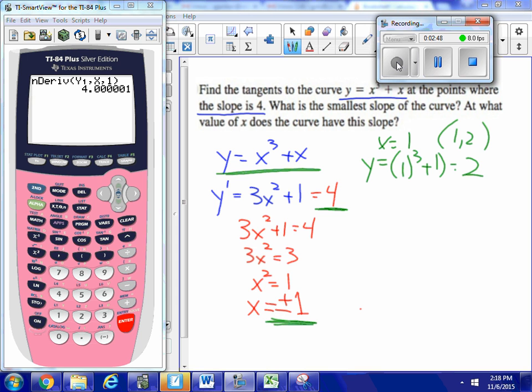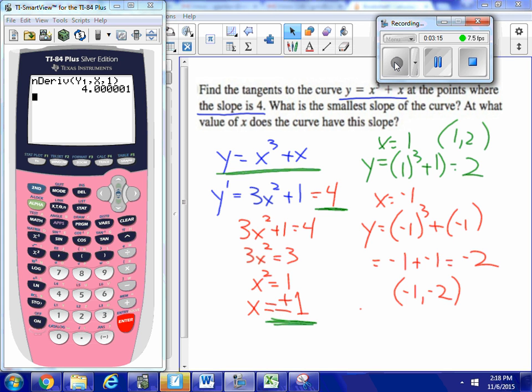And if I say x equals negative 1, and I plug that in, I get y equals negative 1 cubed plus negative 1. So I get negative 1 plus negative 1. I get negative 2. So that's telling me I have the point negative 1, negative 2.